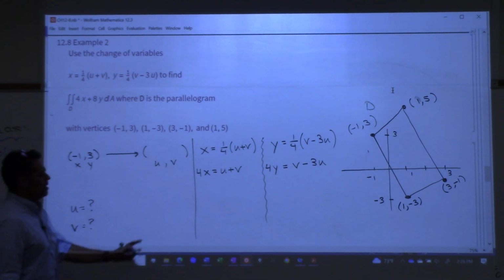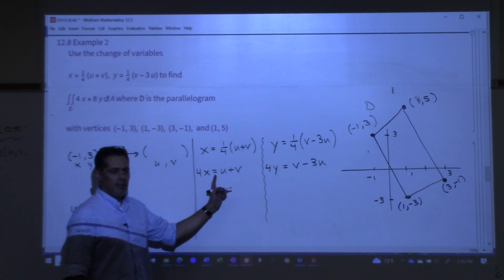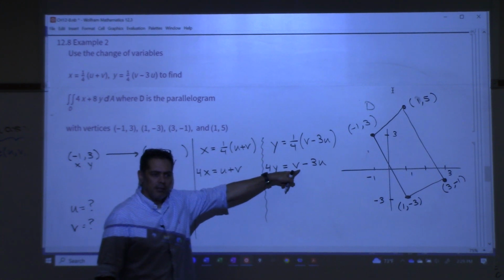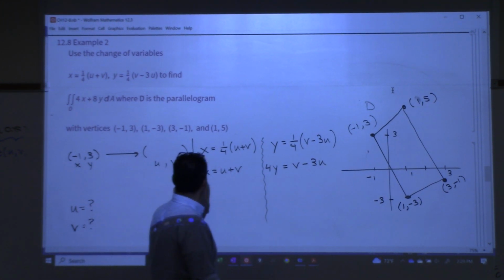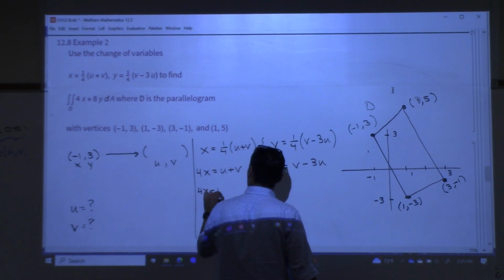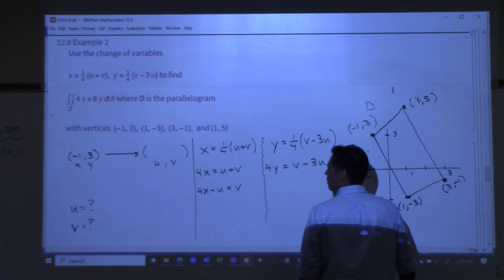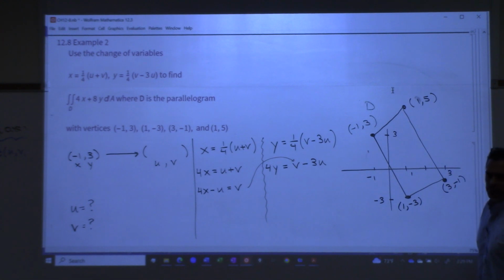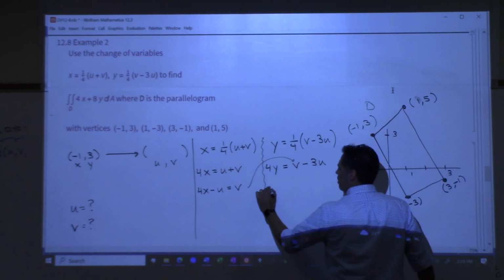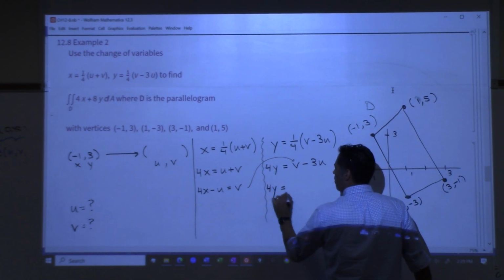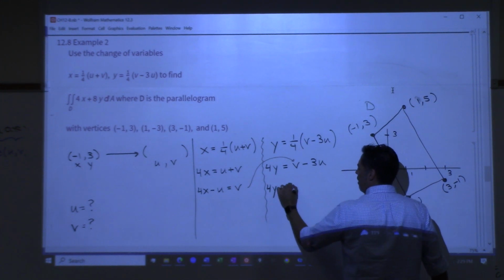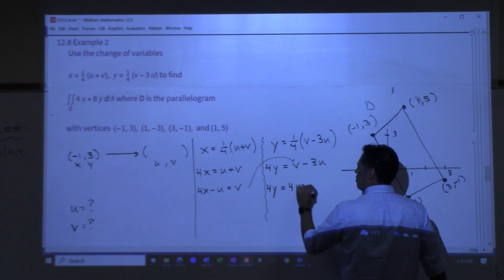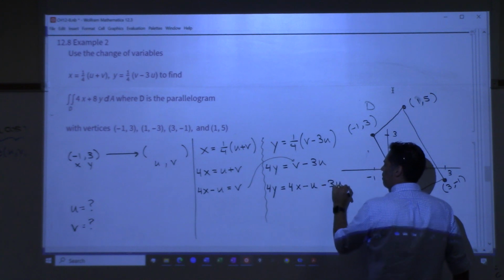I'm going to solve this equation for v and plug that in right there. So solve that for v, subtract u on both sides. Now take that answer, stick it right there. So you get 4y equals, what, 4x minus u minus 3u.